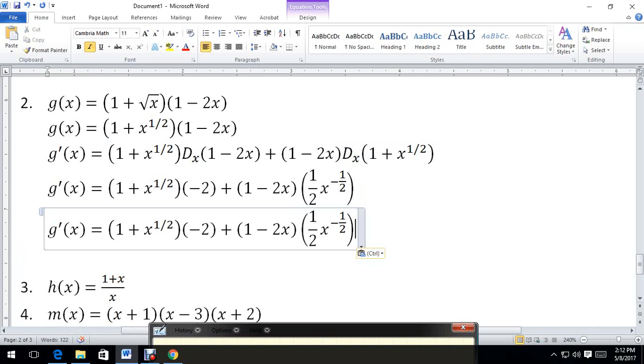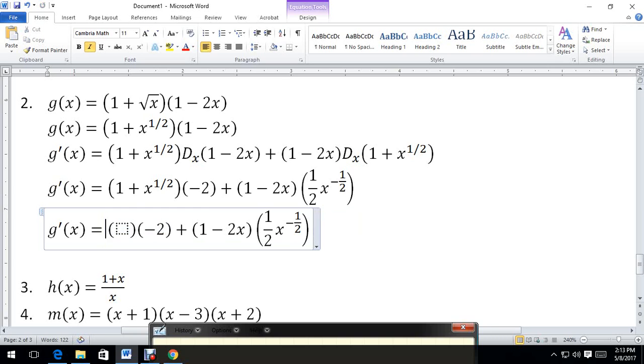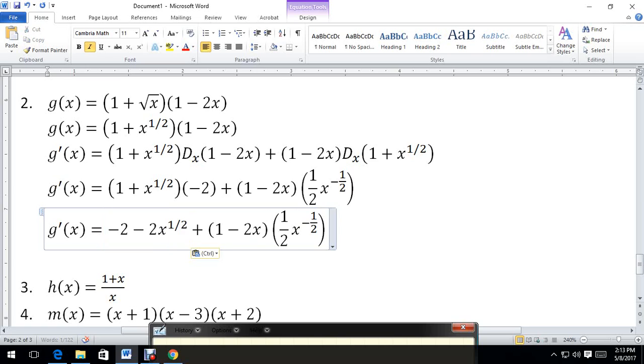So we can have negative 2 times 1, that becomes negative 2. And we also distribute negative 2 to both. So we have negative 2 minus negative 2x raised to 1/2. So, and dropping out the parentheses, we can have this part removed and basically remove the parentheses.